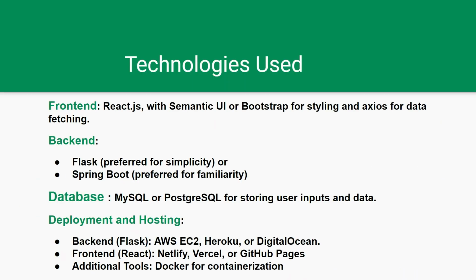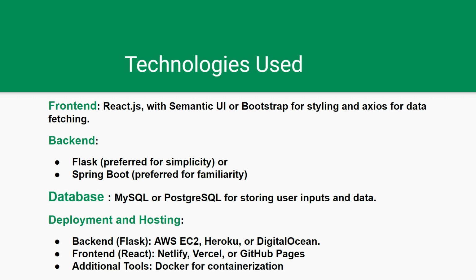The technologies used for front end would be React with Semantic UI or Bootstrap for styling and Axios for data fetching. On the back end, I would use either Flask or Spring Boot to create RESTful APIs. And for the database, I would go with MySQL for storing user inputs and data.